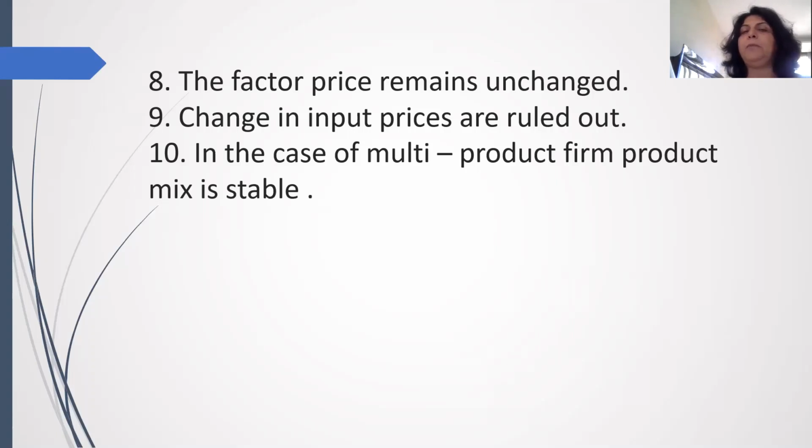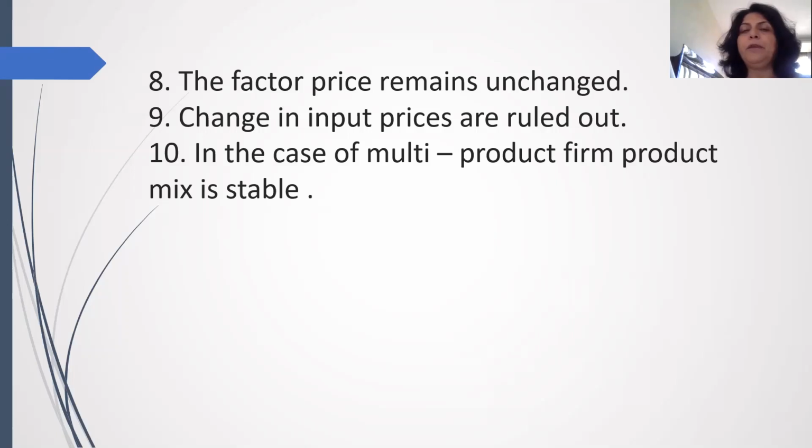In case of the multi-product firm, product mix is stable. If the firm is producing multi-products, then whatever product mix they take up first, that also doesn't change.